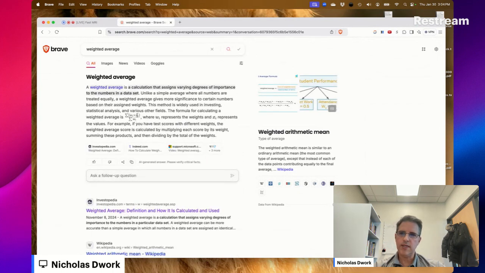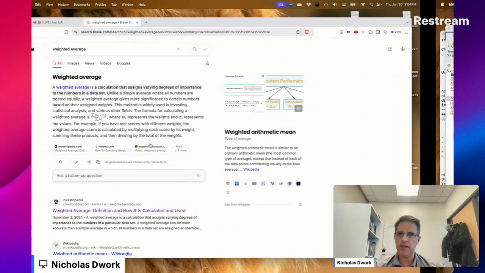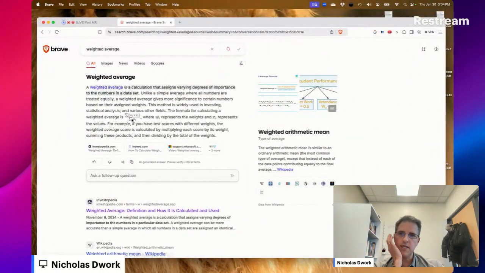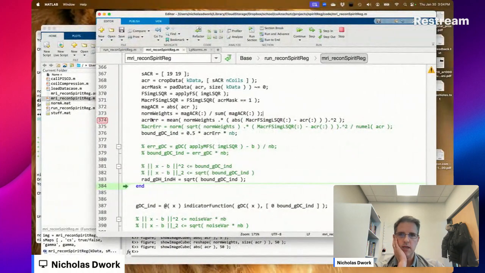Take the sum of the weights times the elements divided by the sum of the weights. And the sum of the weights is 1. You just take the sum of the weights times the elements. Here I made the sum of the weights 1.